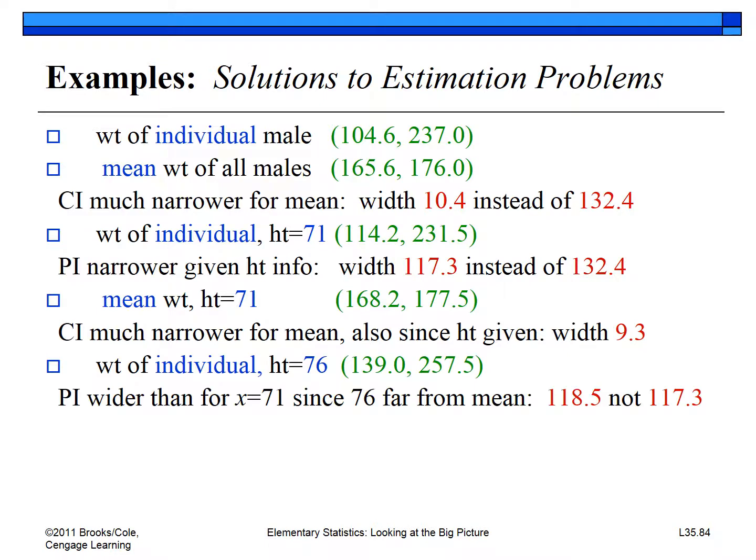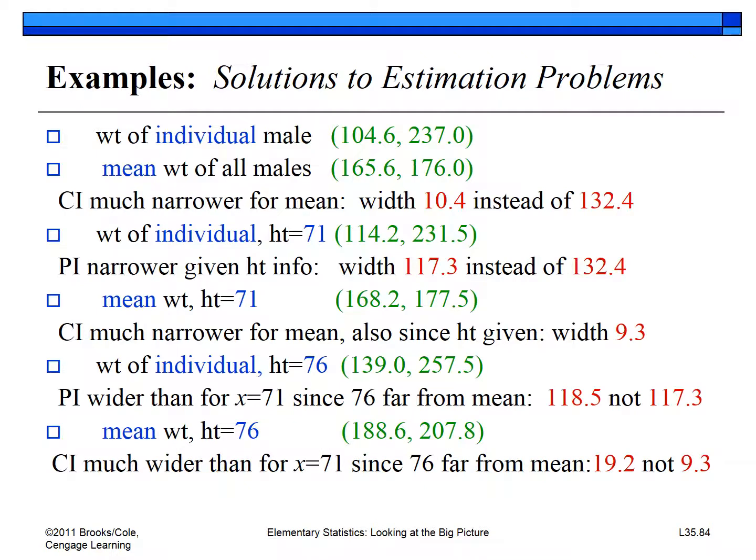Similarly, if the height is 76, we get a slightly wider prediction interval because we're moving away from the mean. And we get a significantly wider confidence interval at 76, because confidence intervals are more affected by that distance from the mean.